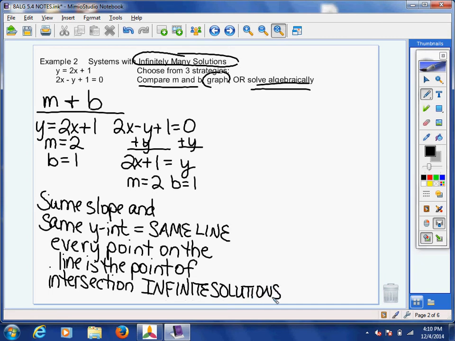Now that I've gone over example 2, you have 3 possibilities for an answer. Either the 2 lines crisscross at one point, so you have one solution, whatever the name of that point is, or they're parallel lines and they never intersect, so there's no solution. Or the third possibility is that it's the same line graphed on top of itself, and so you have infinite solutions.